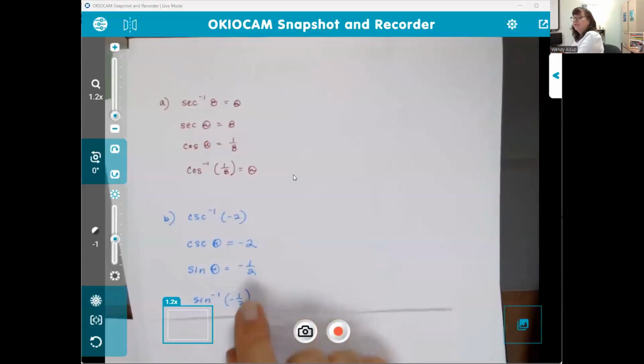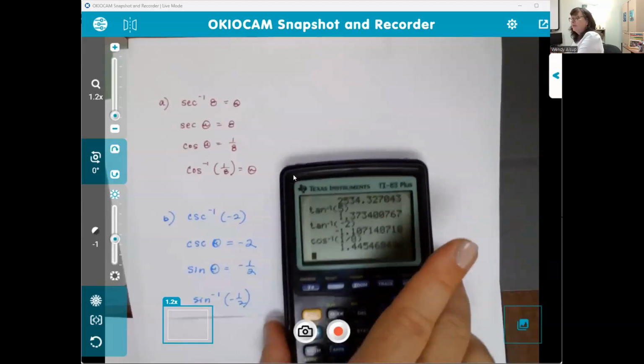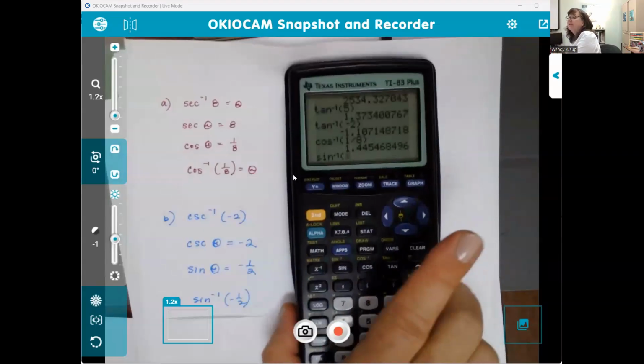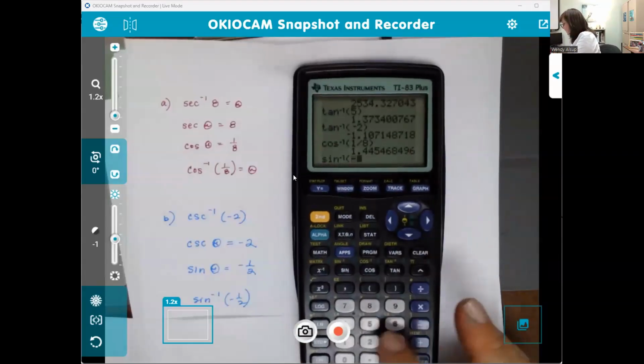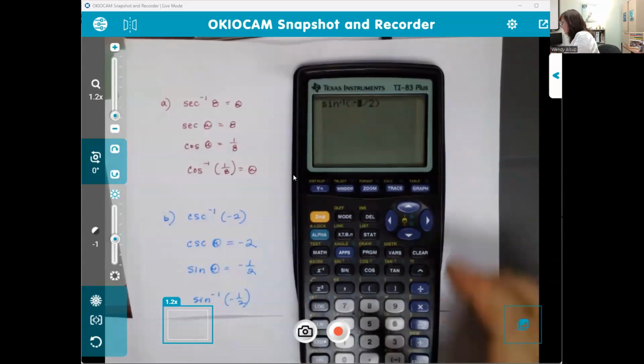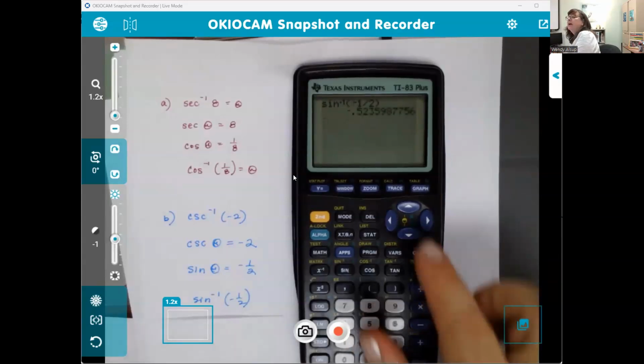Yes, okay. So now we're at the inverse sine of -1/2. The inverse sine is right above the sine button, -1/2. Oops, inverse sine, negative. I put the minus sign, not negative.